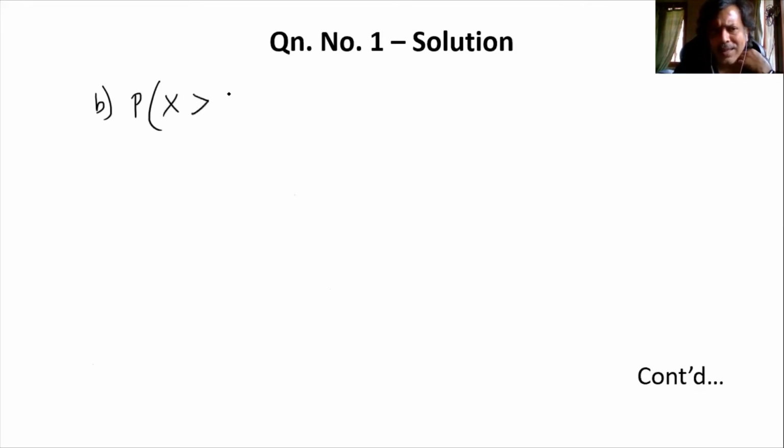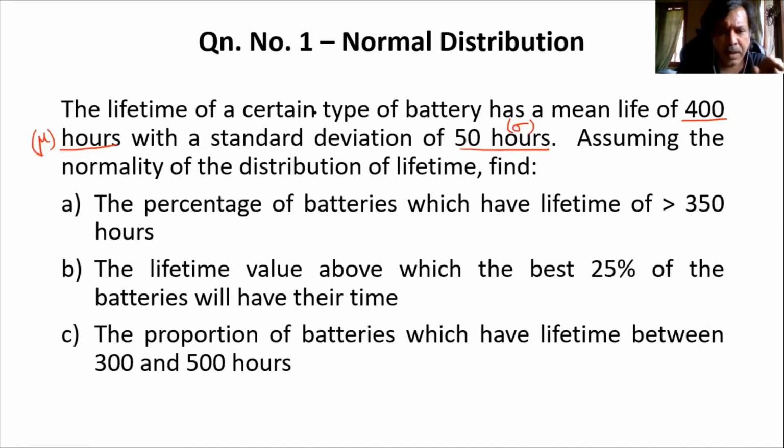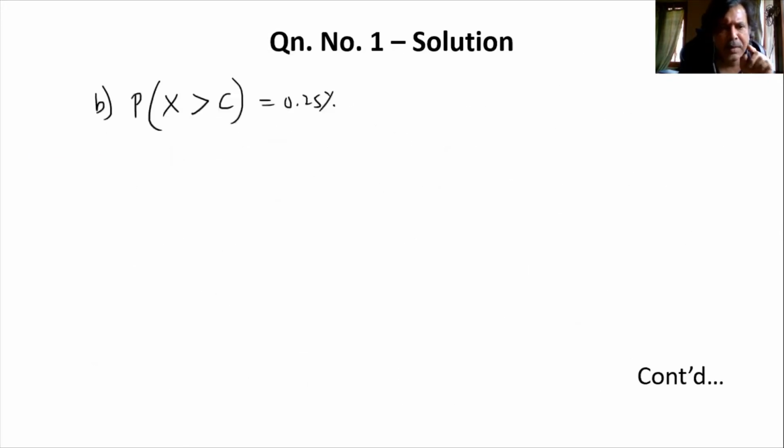So we will call that something like C. We have to find out what this C is, but this is 25%. That is what is specified in the question. Means the lifetime value above which the best 25% of the batteries will have their time. So it means that X larger than some unknown number is 25%.